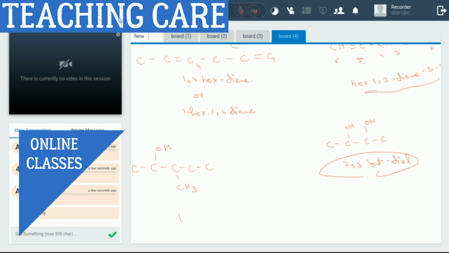It is completely pent, so pent and these alcohol are written as suffix, and the methyl and branching are always written as prefix. So you will call it 3-methyl pent-2-ol.